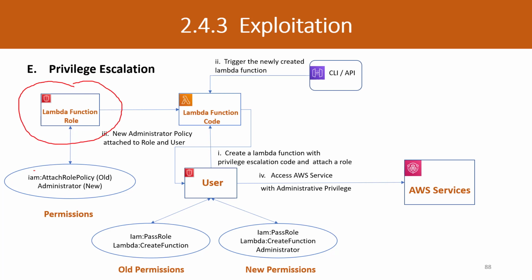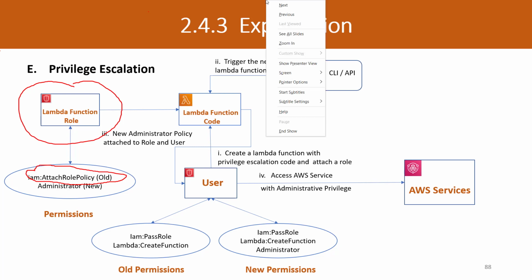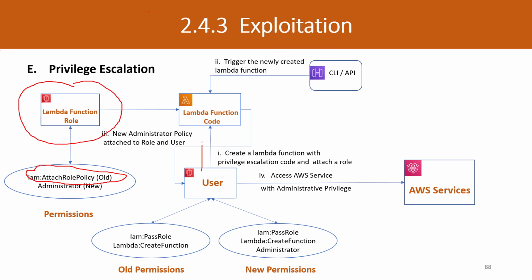The role also has this policy, attach role policy. If your role also has this policy, that means this role can attach whatever policy to any other role in AWS. So first we create a function.